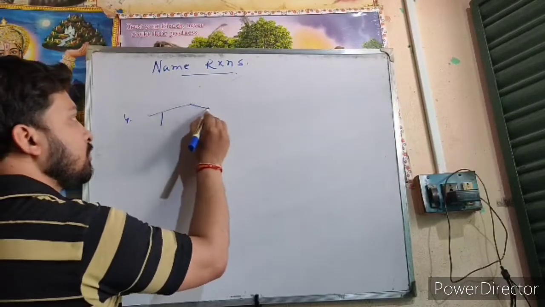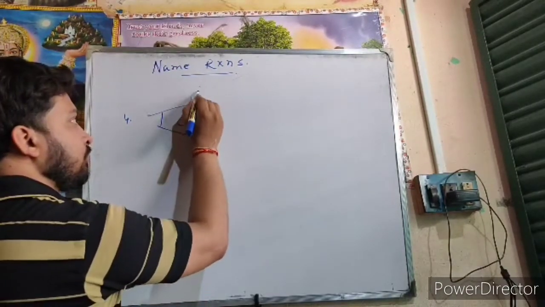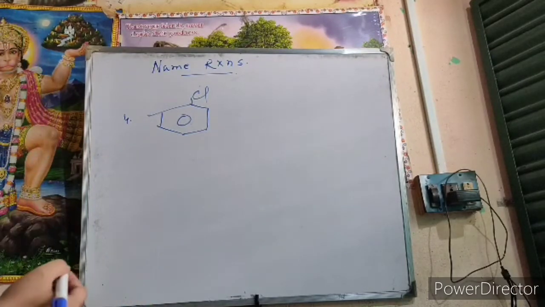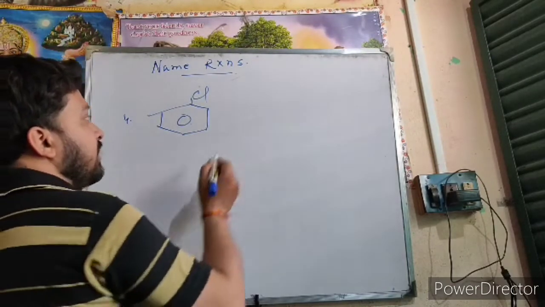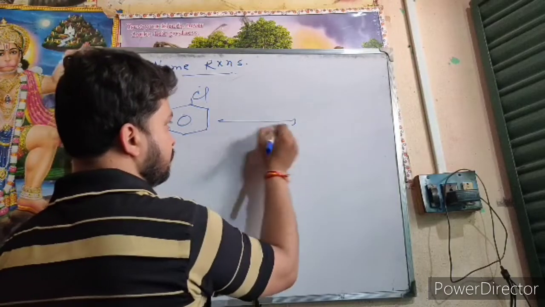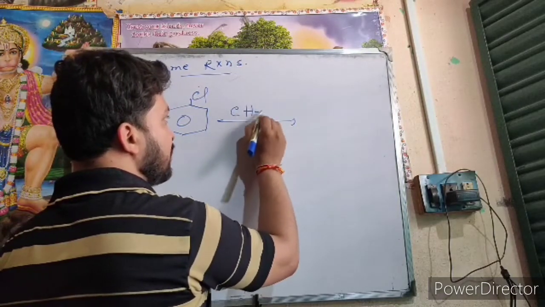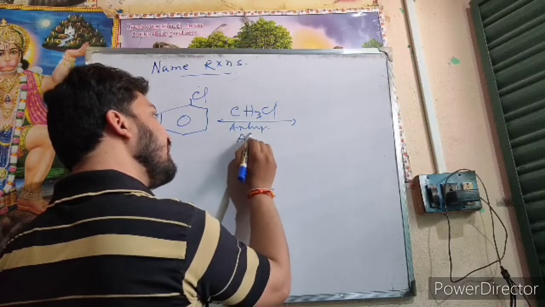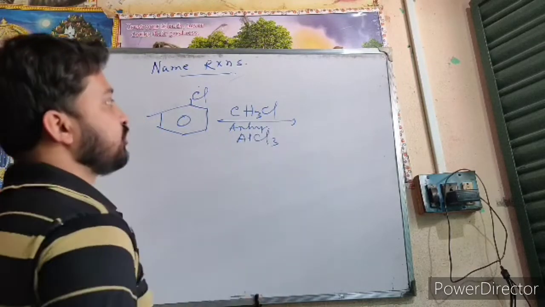Number 4, you take chlorobenzene and it reacts with CH3Cl in the presence of anhydrous AlCl3.